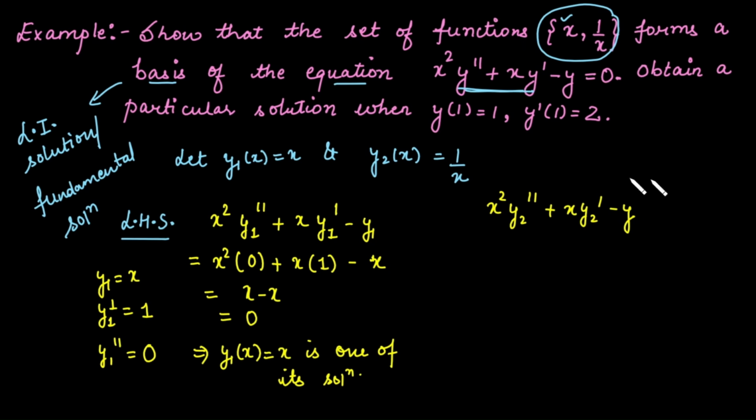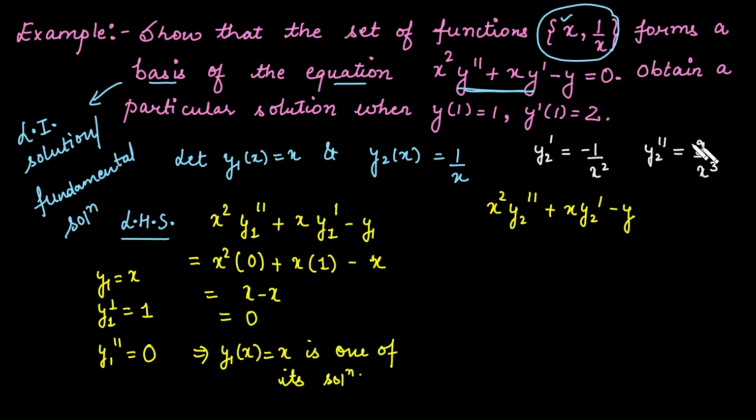Now calculate the derivatives. What is the derivative of y2? That is equal to minus 1 upon x square. The second order derivative means take the further derivative of this. So that is equal to 1 upon x cube multiplied by 2.